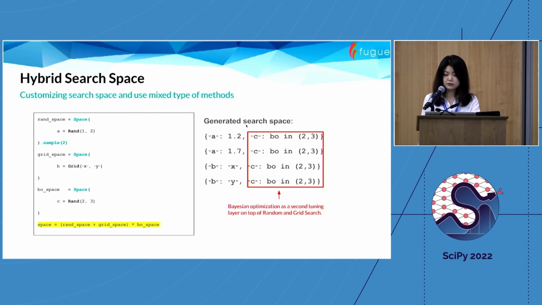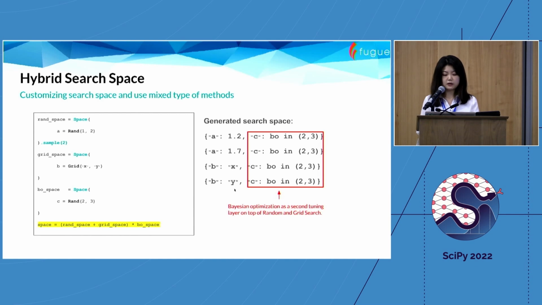And then in the generated search space, you can see we have 4 samples. 2 of them are from A, which is a random search in the range of 1 to 2.